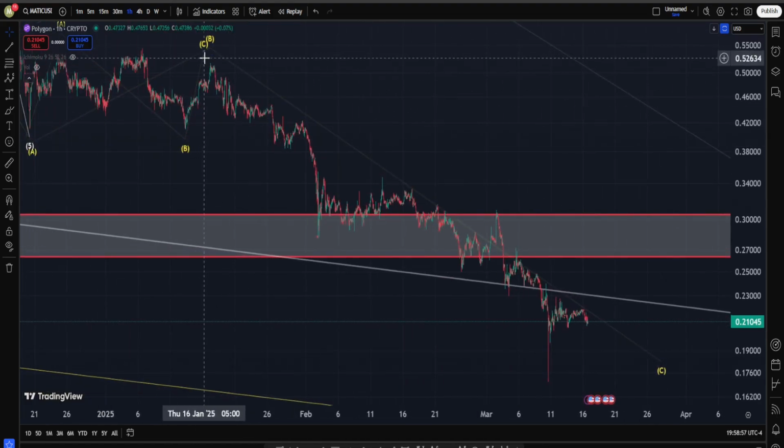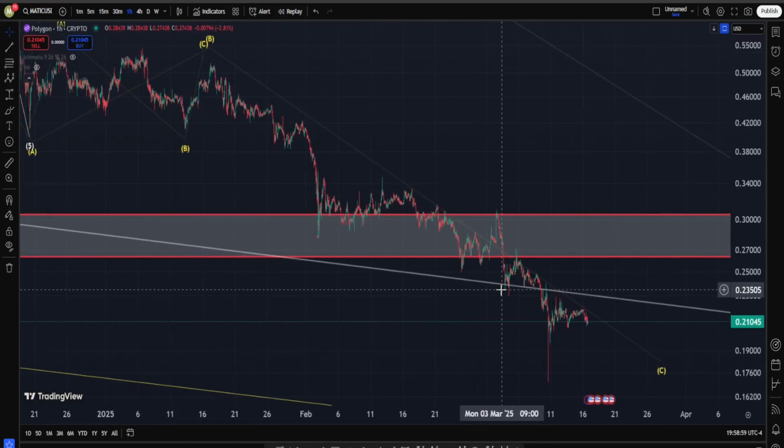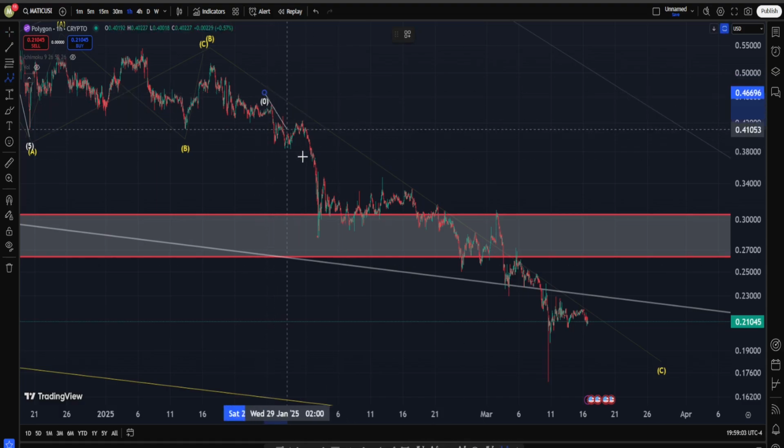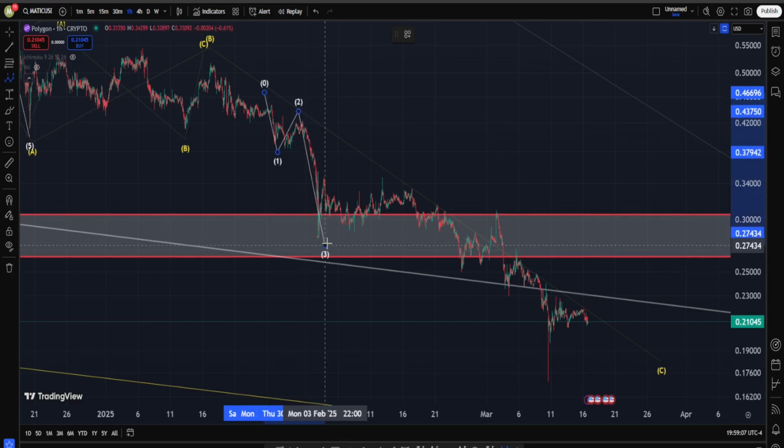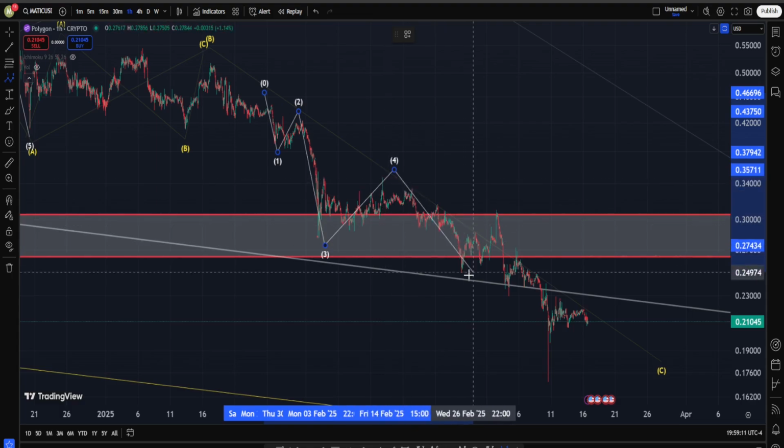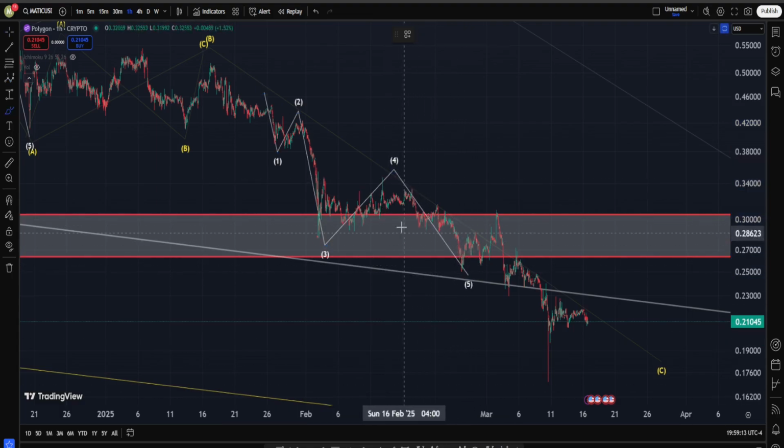Now, from this point going down, the structures do get a bit interesting, because I think actually from here we are having a wave 1, correction for 2, decent move down into wave 3, correction for 4, probably to about this high, and then another move down into wave 5. As you can see, a very decent 1, 2, 3, 4, 5.